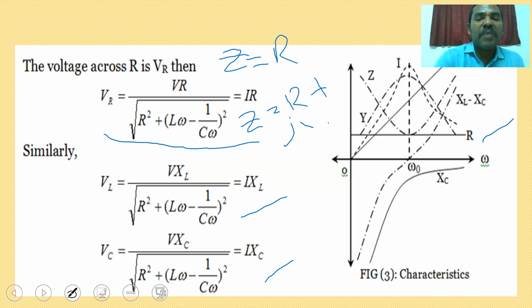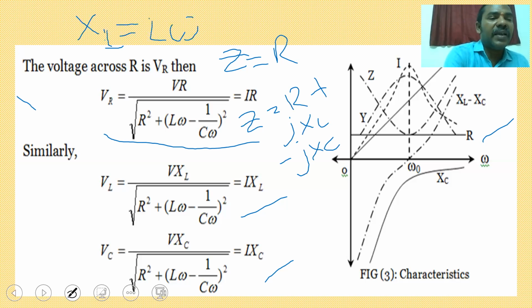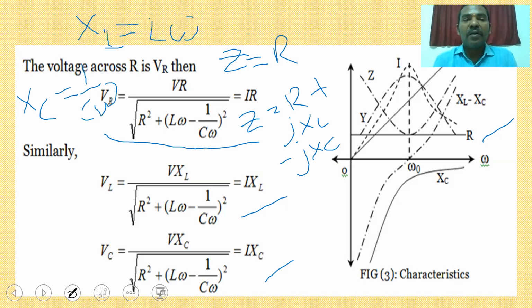The impedance will be R plus jXL minus jXC, where XL is L omega and XC is 1 by C omega.